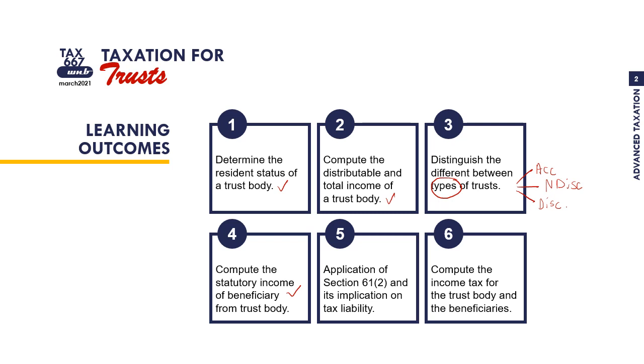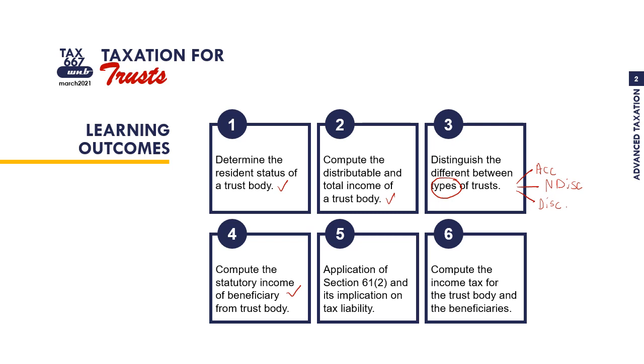Next one, we are going to look at the application of section 61 subsection 2 and its implications on tax liability. For this one, we specifically discuss the distribution made to beneficiary. Is it deductible or not? Everything will be referring to section 61 subsection 2.